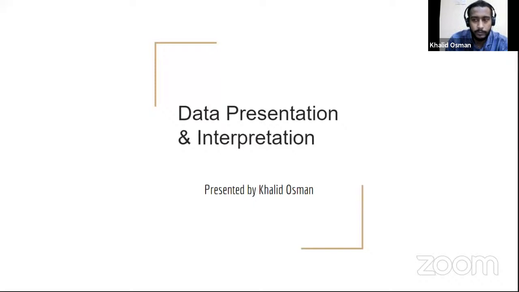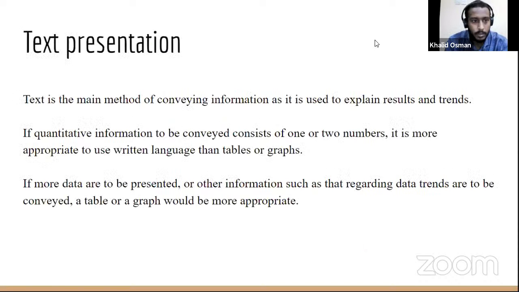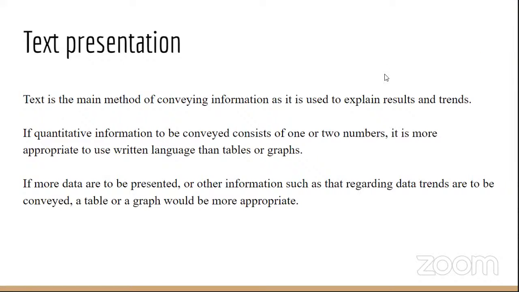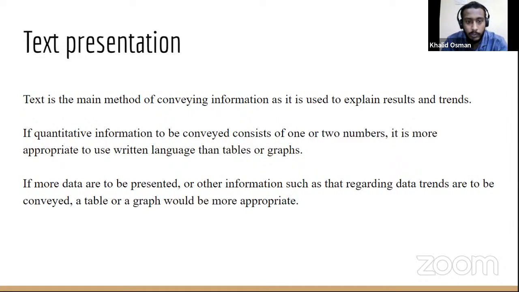So first of all, text presentation is the most commonly used. Text is the main method of conveying information as it is used to explain results and trends. If quantitative information to be conveyed consists of 1 or 2 numbers, it is more appropriate to use written language than tables or graphs.